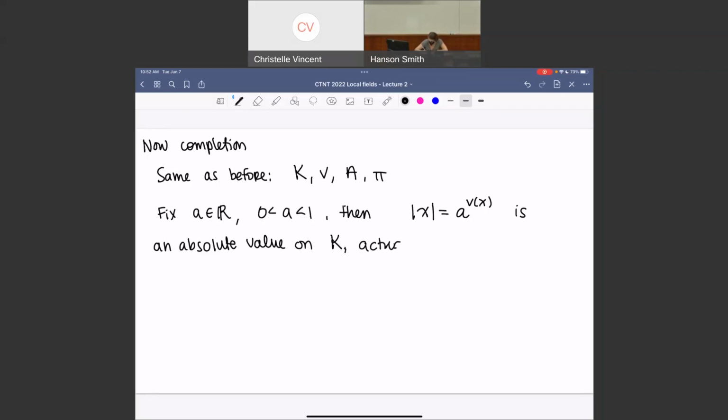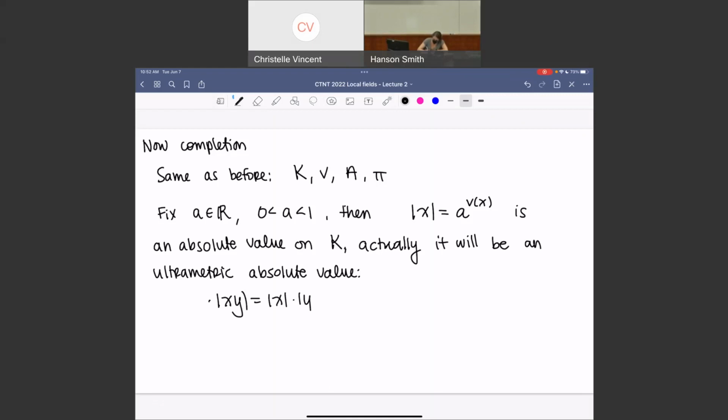And in fact, it will always be an ultrametric or non-Archimedean absolute value. Okay, so by this I mean that, of course, the absolute value of xy is equal to the absolute value of x times the absolute value of y.